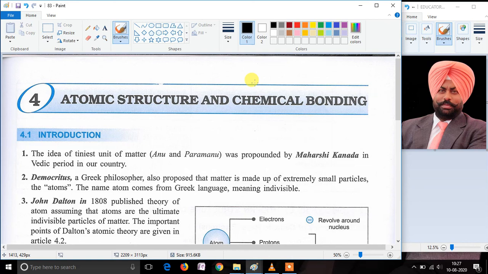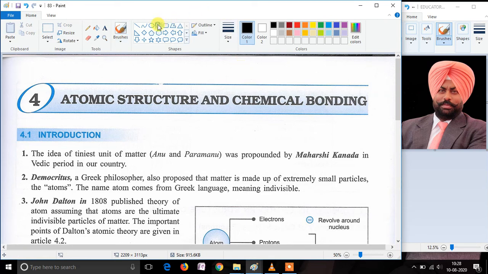Before moving into the explanation, let's recall a few things from the previous class. The first thing which we would like to recall from the previous class is matter.